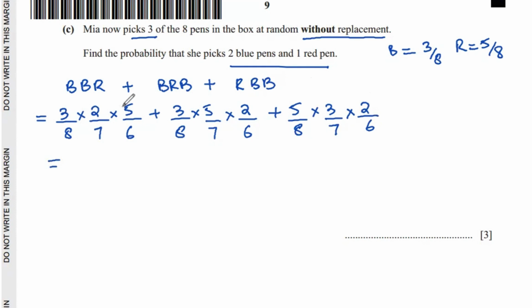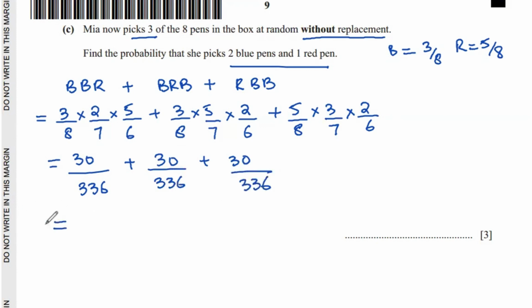So now 3 times 2 times 5, 30 over 8 times 7 times 6, 336. The numerators are all the same, 30, 30, and so are the denominators.